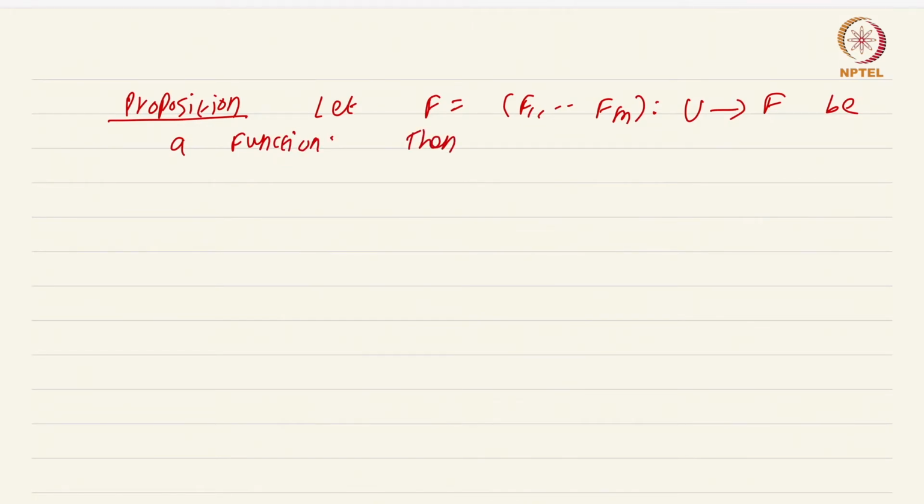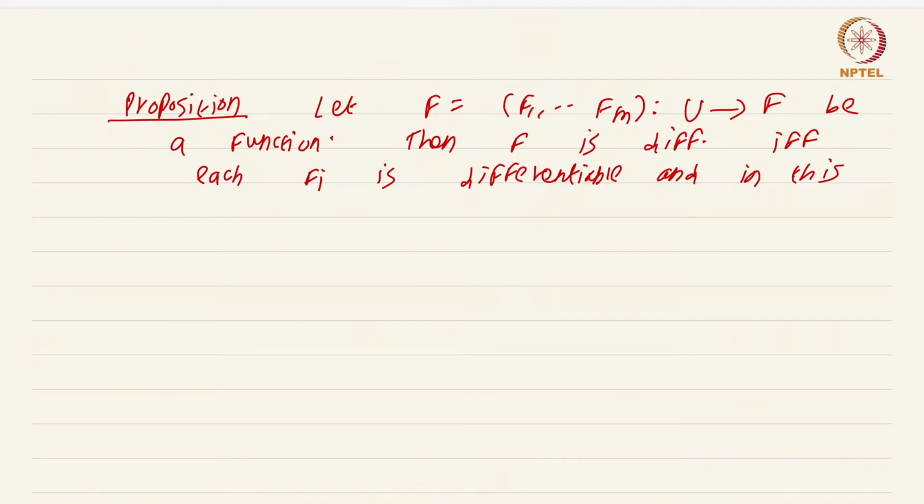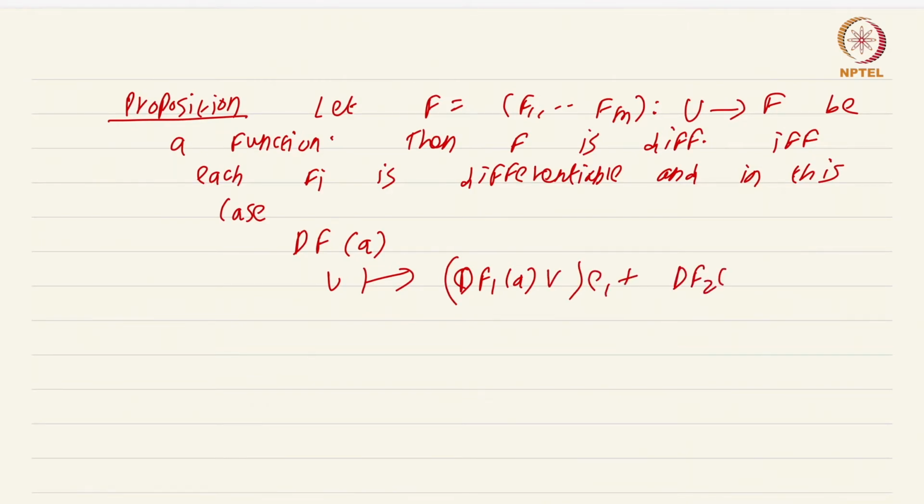Then f is differentiable if and only if each fi is differentiable, and in this case the derivative at a given point a is given by the formula v maps to df1(a) acting on the vector v times e1, plus df2(a) acting on the vector v times e2, plus dot dot dot, plus dfm(a) acting on the vector v times em.